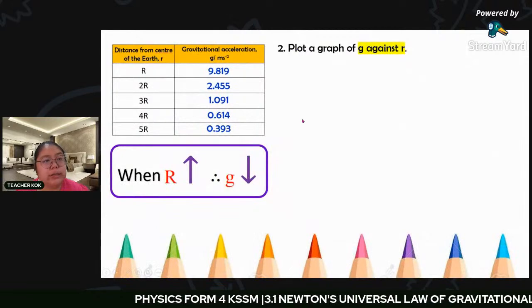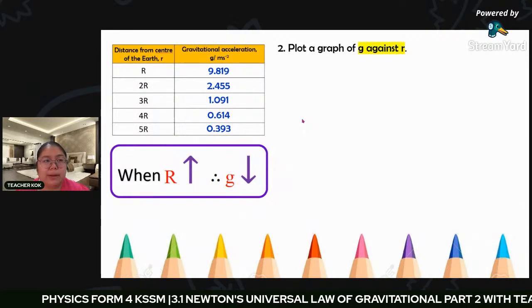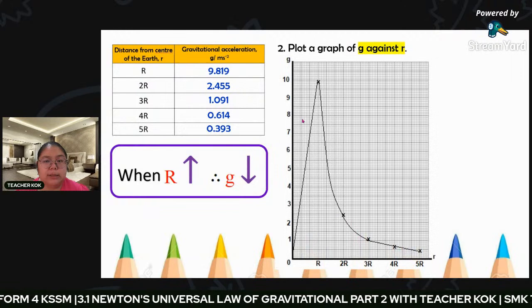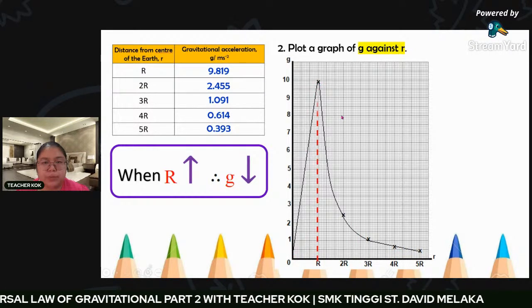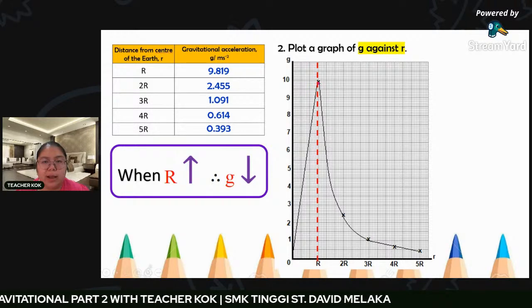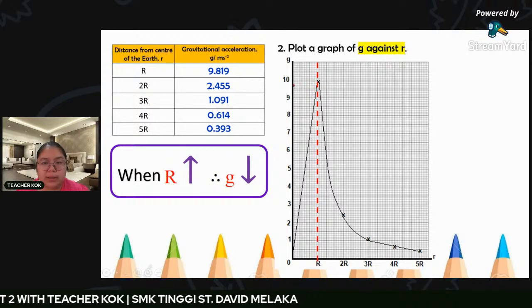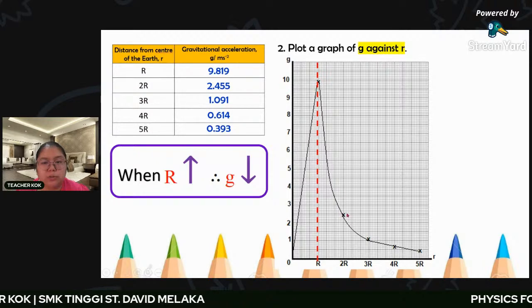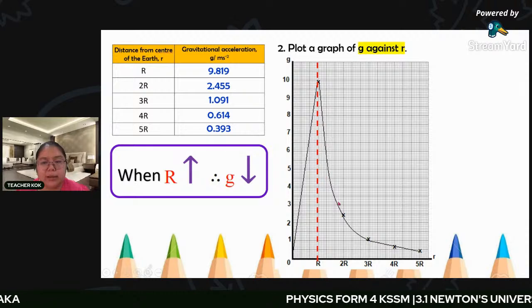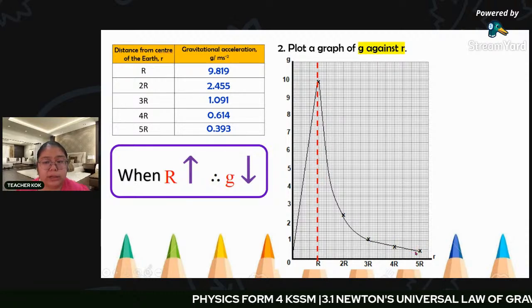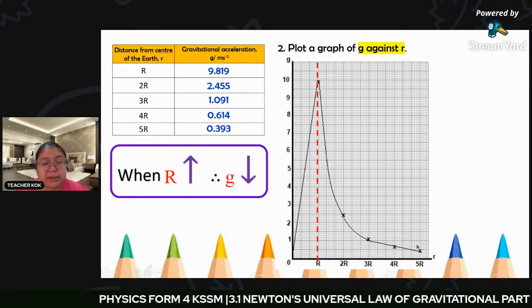Okay, when using graph paper to plot it, it becomes like this. This one is up, and this one should be the R. The value here must be 9.81. After that, you continue to plot. The points are dropping, then you draw the curved line, which goes down and never touches the x-axis.